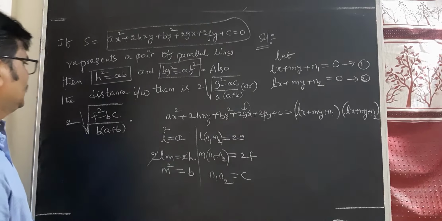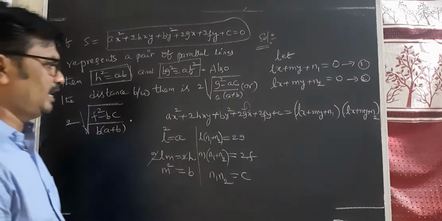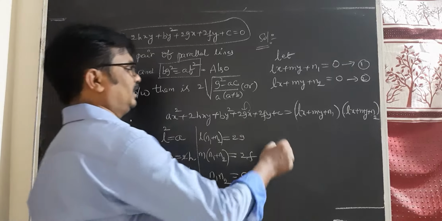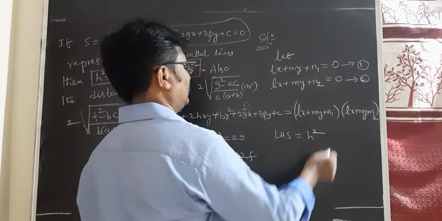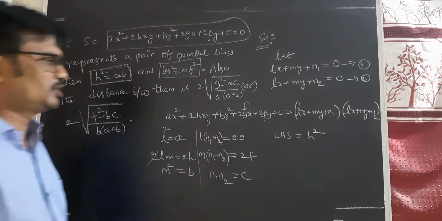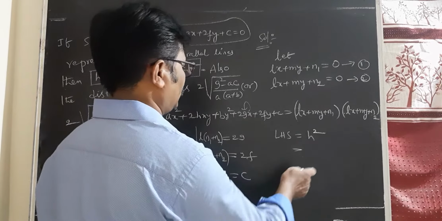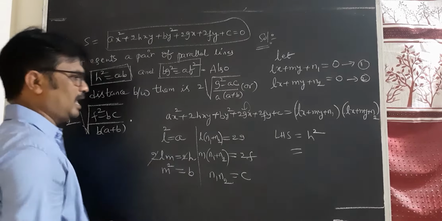They are asking the first one, h square equal to ab. The left hand side is h square. Dear students, we know that h equal to lm.